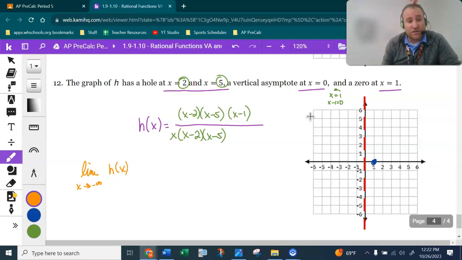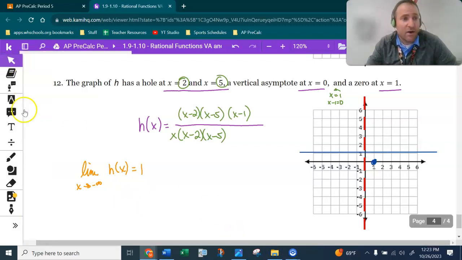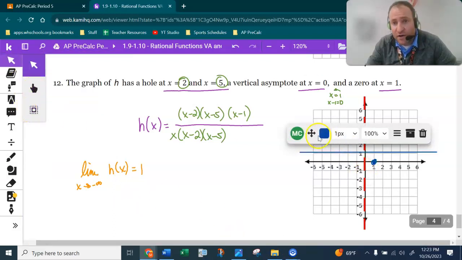Divide the leading coefficients, which means our function is going to have a horizontal asymptote at y equals 1. Once we get this in here, I think it's going to be fairly obvious what this function is going to look like.